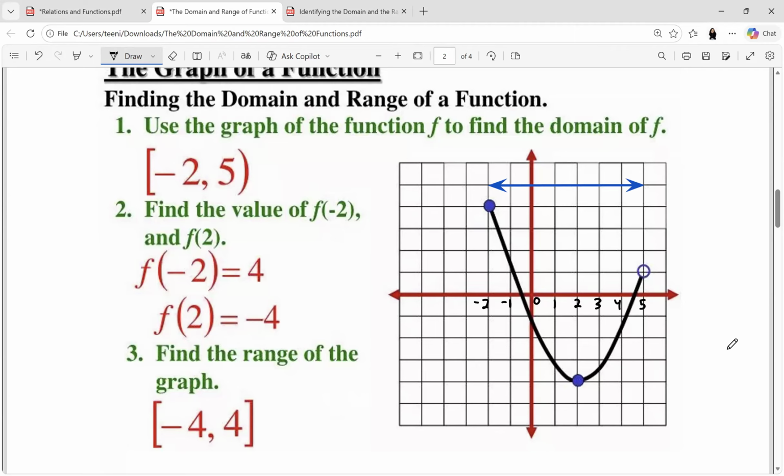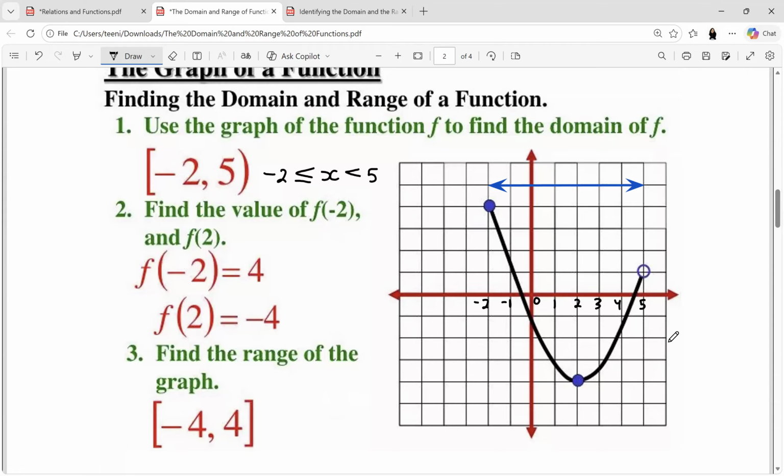And that's why the domain of the function here is given as -2 to 5. You could write it like this, or you could even write it as x is greater than or equal to -2, and of course here it's an exclusive inequality, right? Because the circle is unshaded. So it will be less than 5.